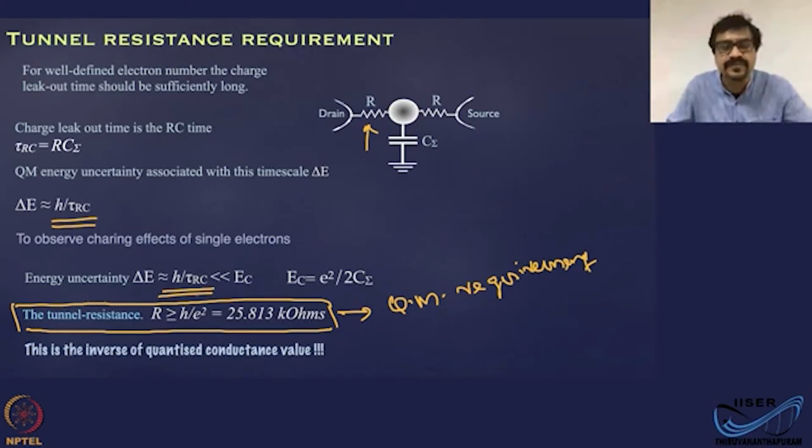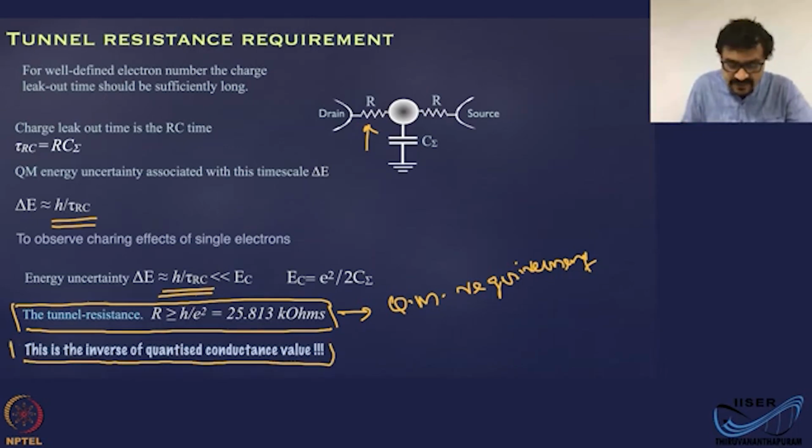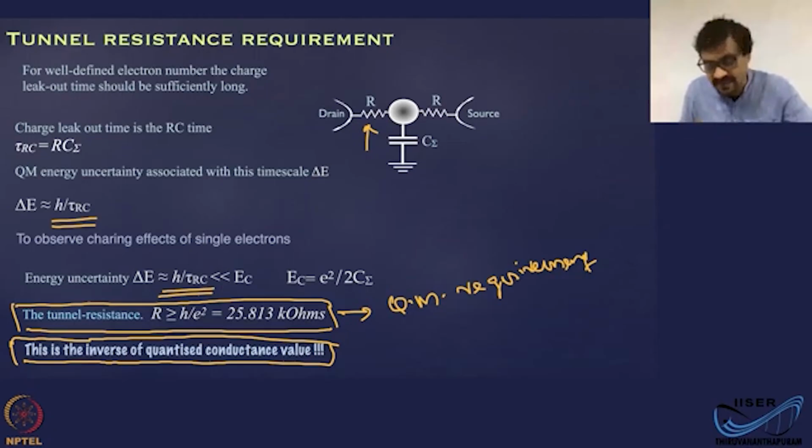Interestingly, with a very simple quantum uncertainty relation, without going deep into any mathematically rigorous treatment, we get this quantized resistance value, h by e square, which is the inverse of the quantized conductance value that we have learned about in quantum point contacts and also the quantum Hall effect.